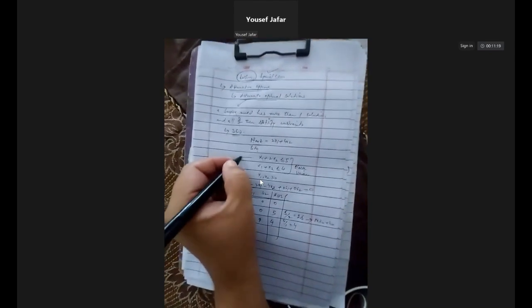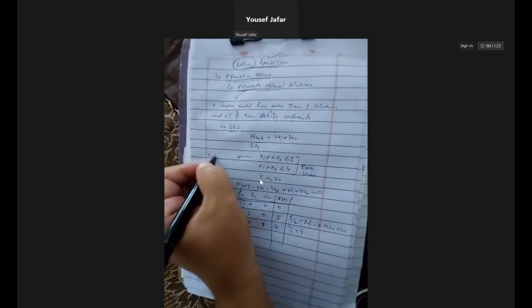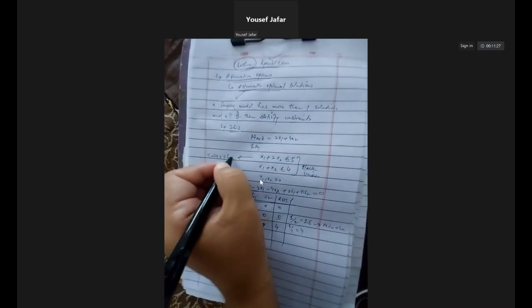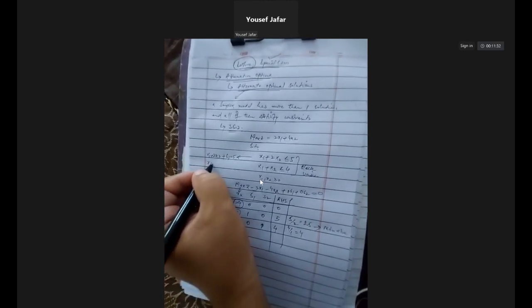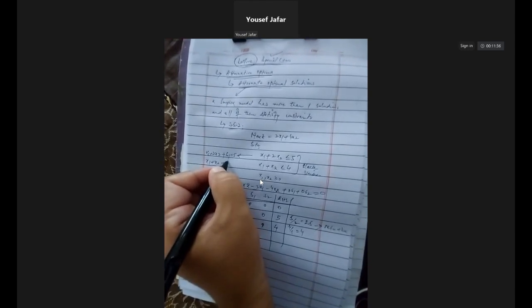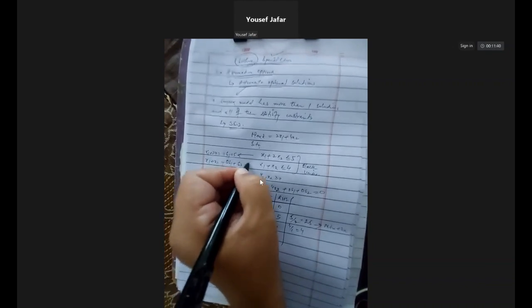For this constraint, I have to change it to this shape, x1 plus 2x2 less than or equal to, so we will add the slack variable and equate it to 5. For the second one, we get x1 plus x2 plus 0 s1 plus s2, and it will be equal to 4.